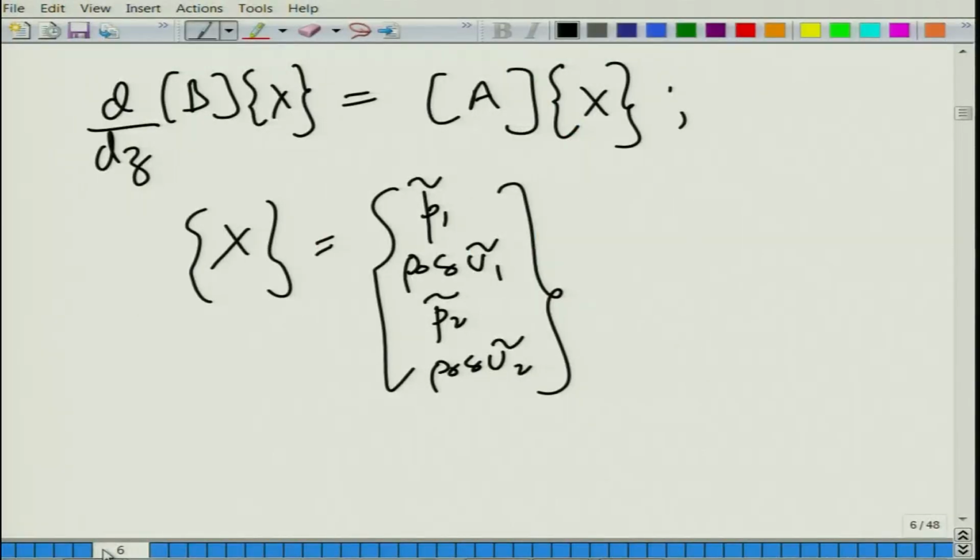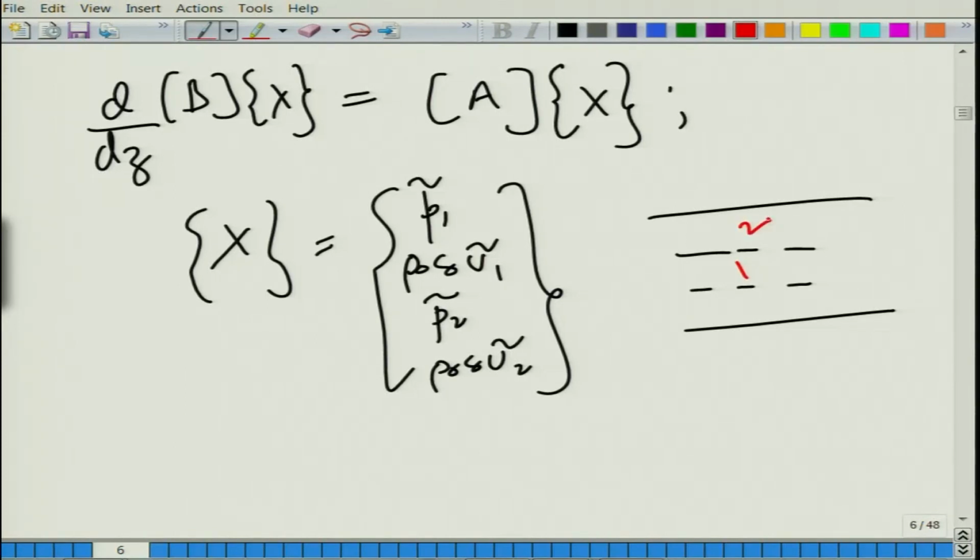We already have d/dz of Bx equal to Ax, and x was a state variable for a two duct interacting system, something like this. What do we need to do now from here? We need to basically have P1, rho naught C naught U1 and P2, rho naught C naught U2.